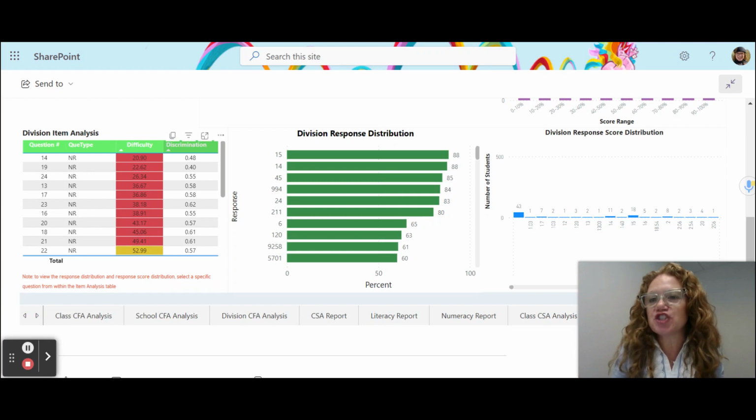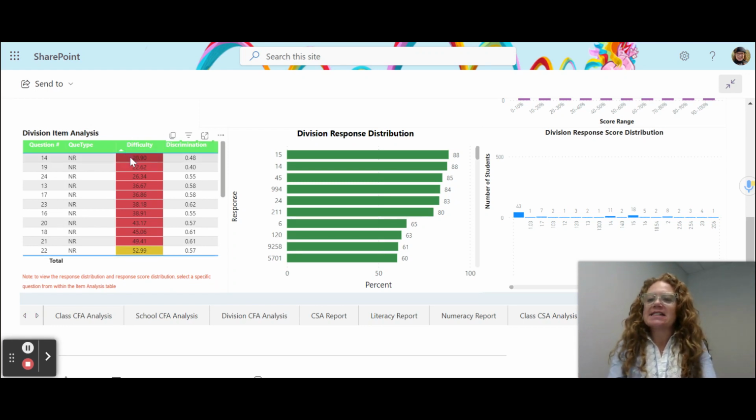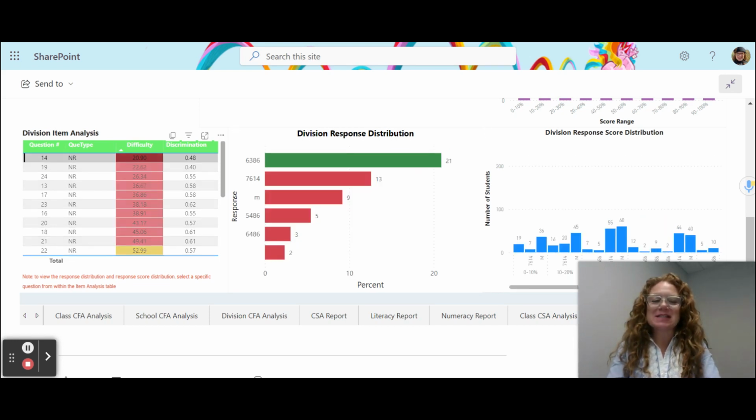The general gist is, when you click on any one of these questions, I can see that question 14, which was a numerical response, that's why it's an NR, had a difficulty of 20.9. What that means is that in our division, we didn't do so great there.